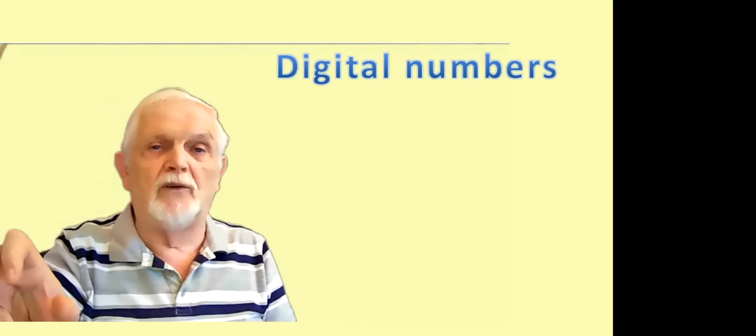But more and more things are moving over to digital for model railways and general electronics. When it comes to ordinary numbers, it's fairly straightforward, but digital is different. Digital is looking at information being stored in single little bits of information.